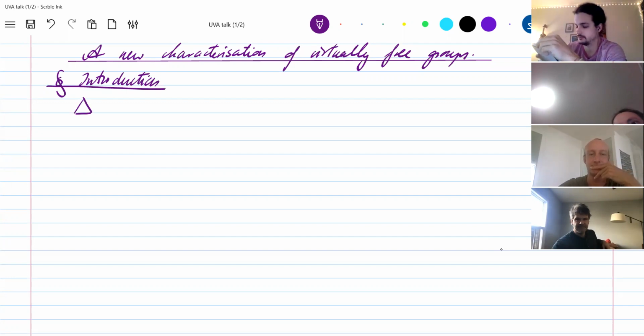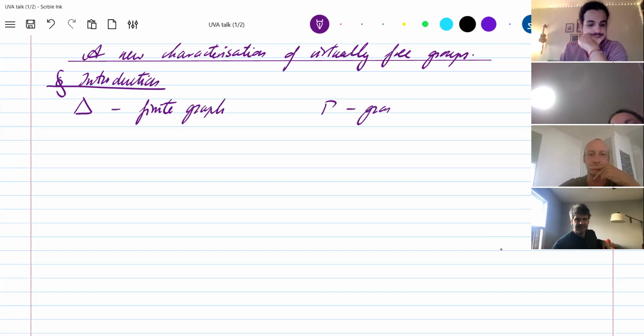So delta here is going to denote a finite graph, and gamma will be just a graph.